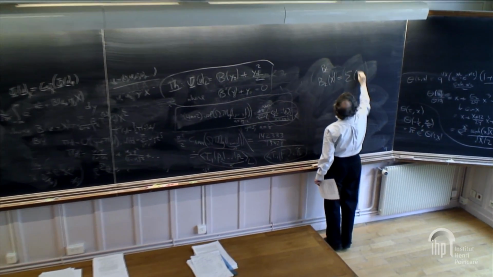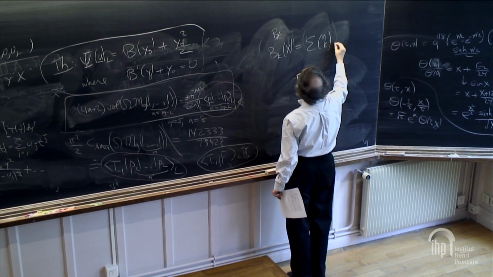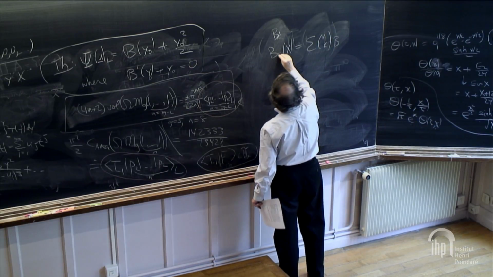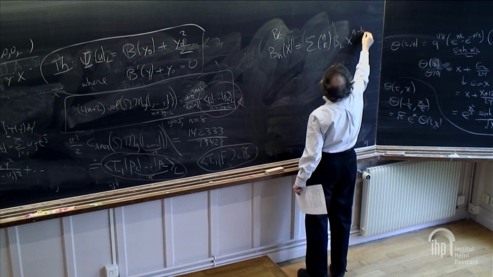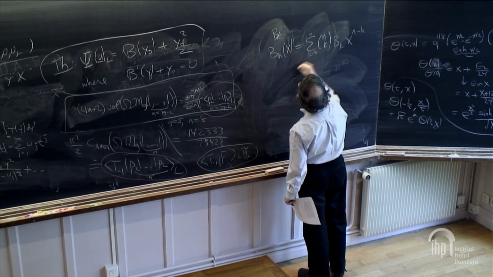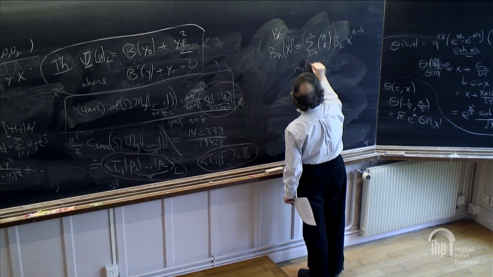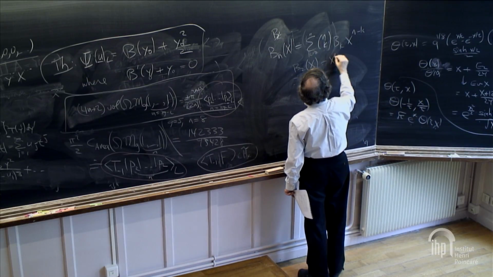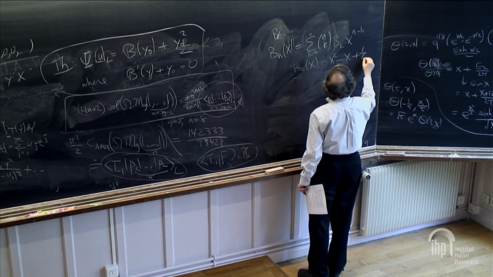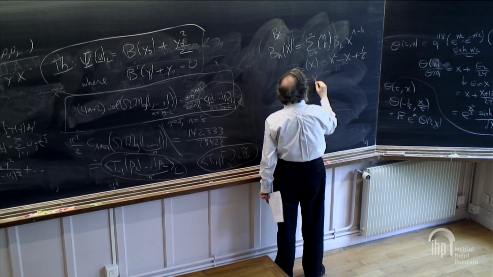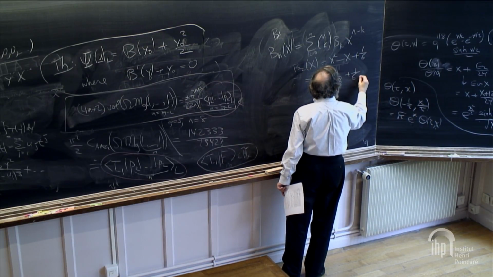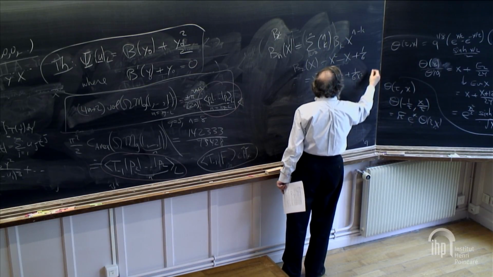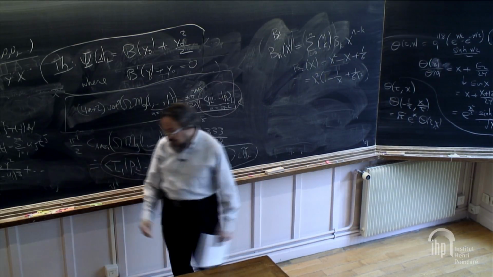The Bernoulli polynomial is defined either by a generating function or by the sum of B_k x^(n-k). So these are just famous polynomials. For instance, B_2(x) is x squared minus x plus a sixth. But I could rewrite this as x squared times (1 minus 1 over x plus 1 over 6x squared), a power series which happens to terminate.